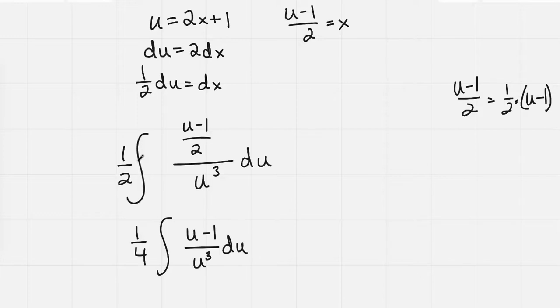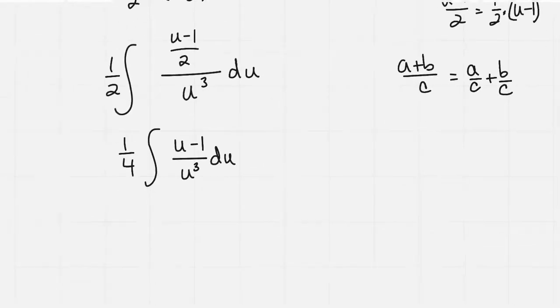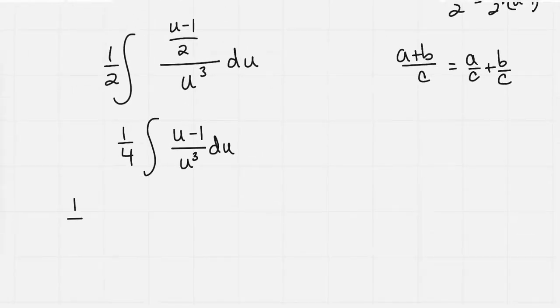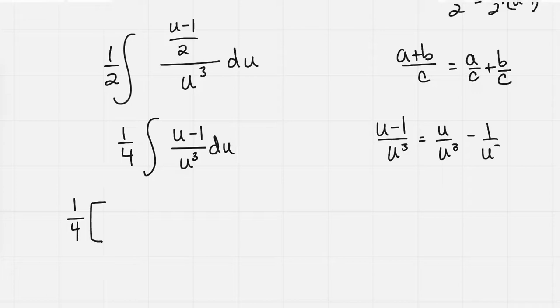And again, with fractions, if I have a plus b all over c, that's equal to a over c plus b over c. I'm going to utilize that, and I get 1/4 all the way out in front, so I'm going to put a big bracket there. And then u over u cubed, so I'm doing a couple steps here. U minus 1 over u cubed equals u over u cubed minus 1 over u cubed.